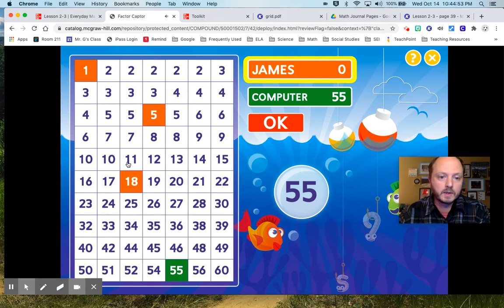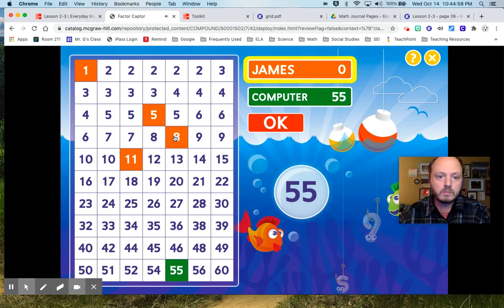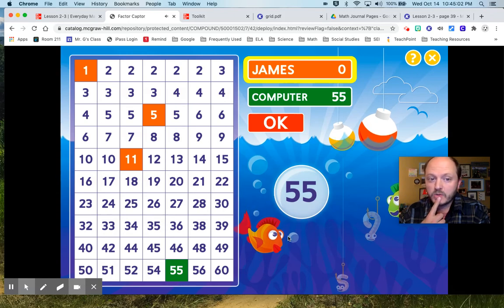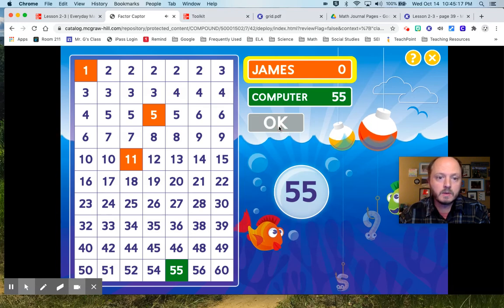I'm gonna claim an 11. And are there any other factors for 55 that are on the board that haven't been claimed yet? And that's the object of the game. Okay, so I don't think there is. I'm going to click OK. And now. Great. You found the factors.